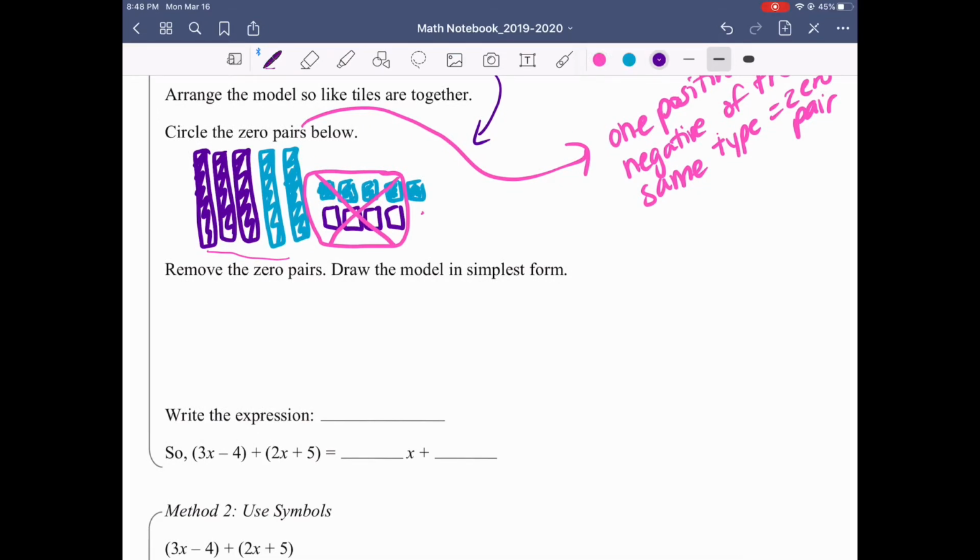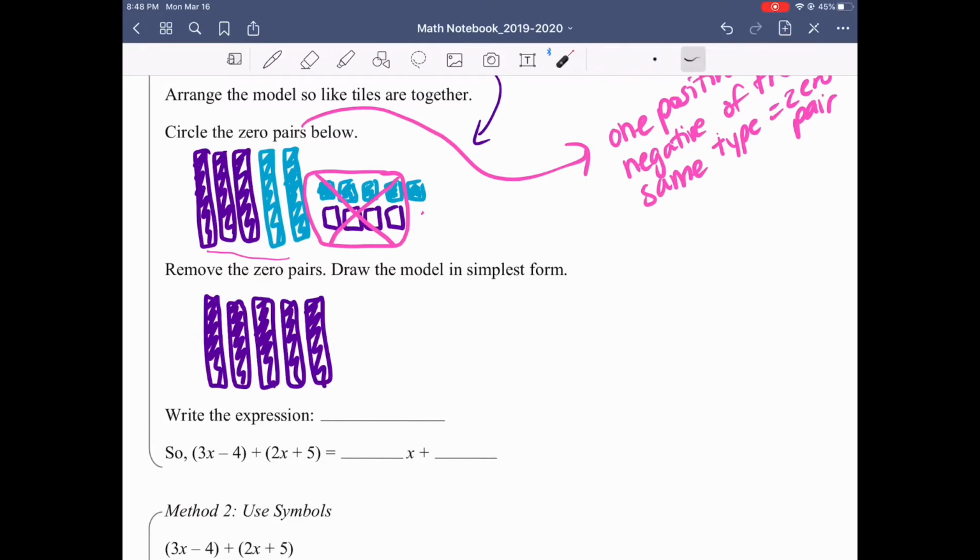So I'm going to redraw this model after I've taken out the 0 pairs. So I have 1, 2, 3, 4, 5 x's, because remember I couldn't cancel any of them out, so they all stayed. And all I'm left with for my 1 tiles is just 1 positive.